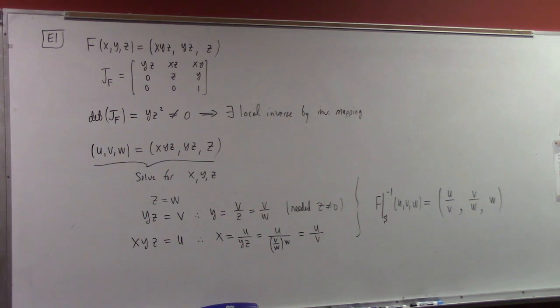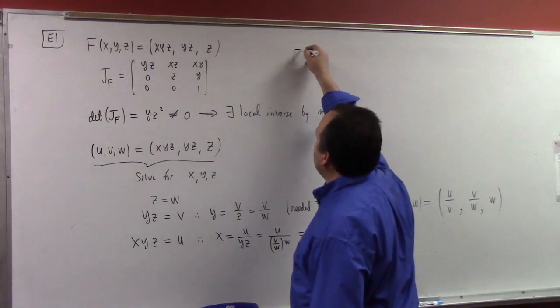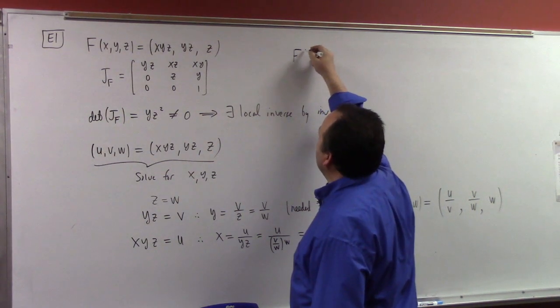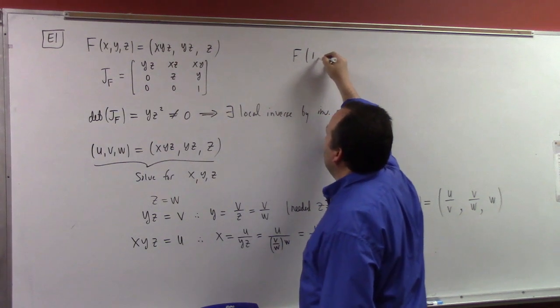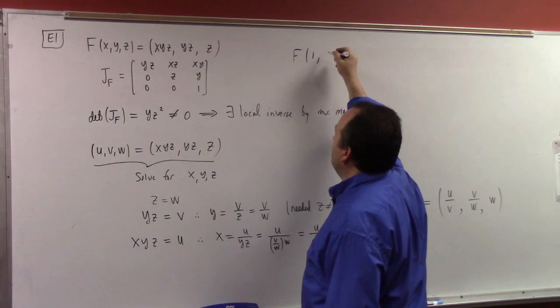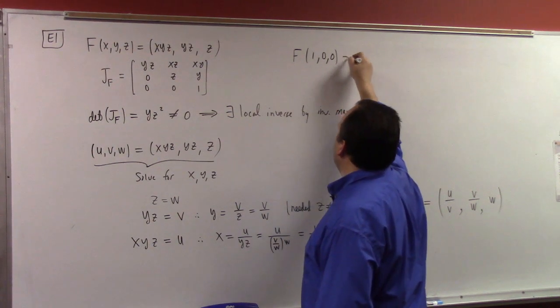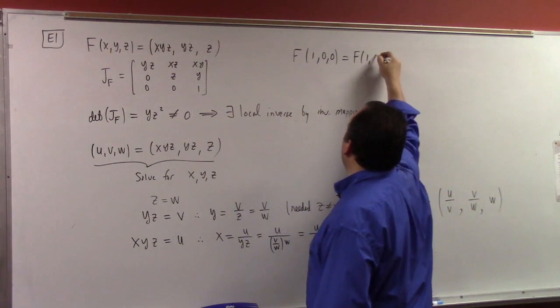Well, like I just said, we have trouble with y and z being 0, right? Let's see here. We could put f of (1, 0, 0) is equal to f of (1, 1, 0), right?